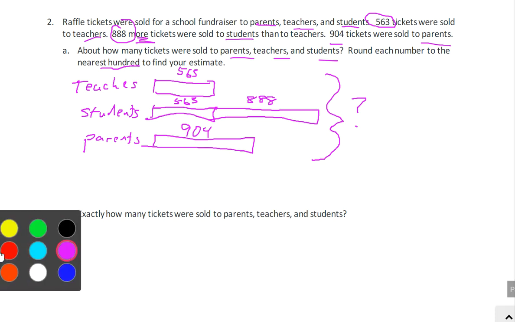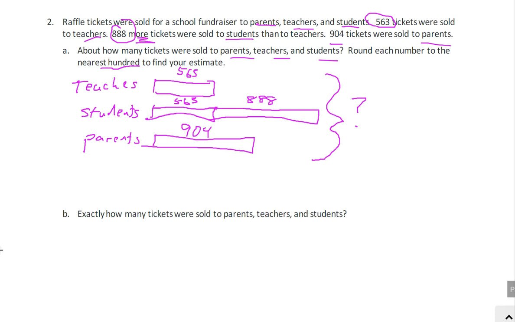Okay, so let's do the estimation, and we'll start with the 563. So 563 to the nearest 100 is going to round to 600. Where do you get 600? Well, we're looking at the first digit. The 6 means it goes up. It's between 500 and 600.